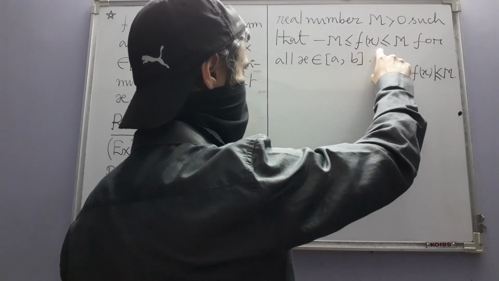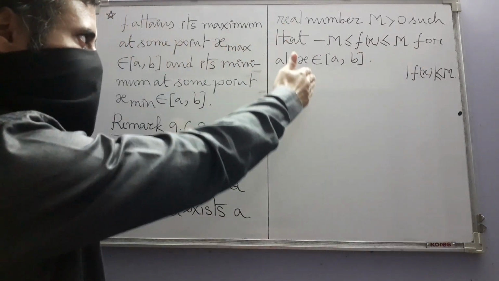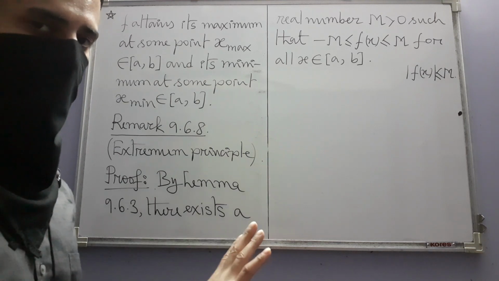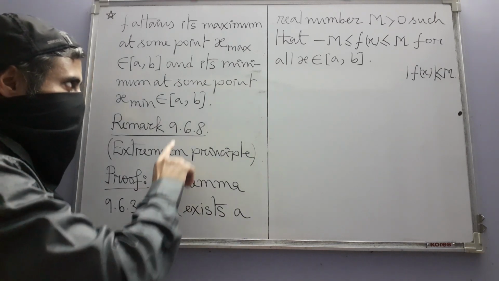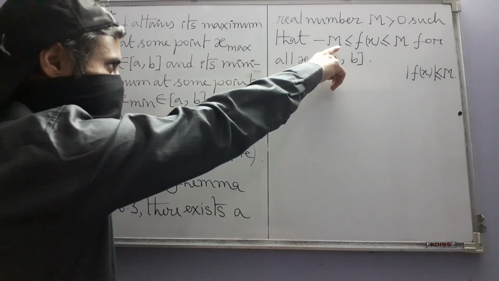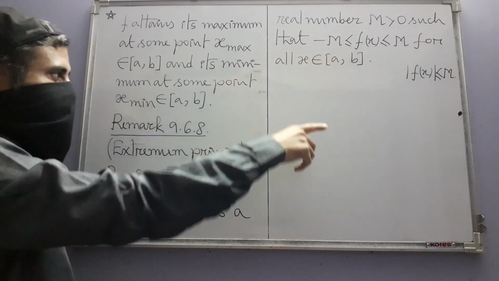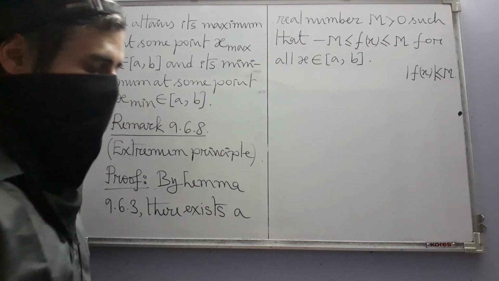because we want to use the fact now that the f values are bounded from above. They are also bounded from below, but that part we are not going to use because we have decided to show that x max exists. That other inequality should be used to show that x mean exists. Okay.